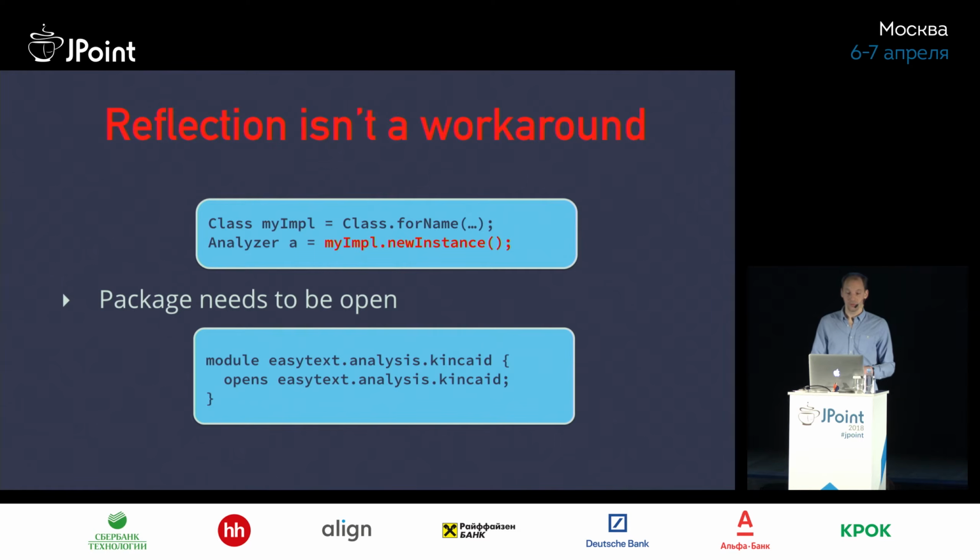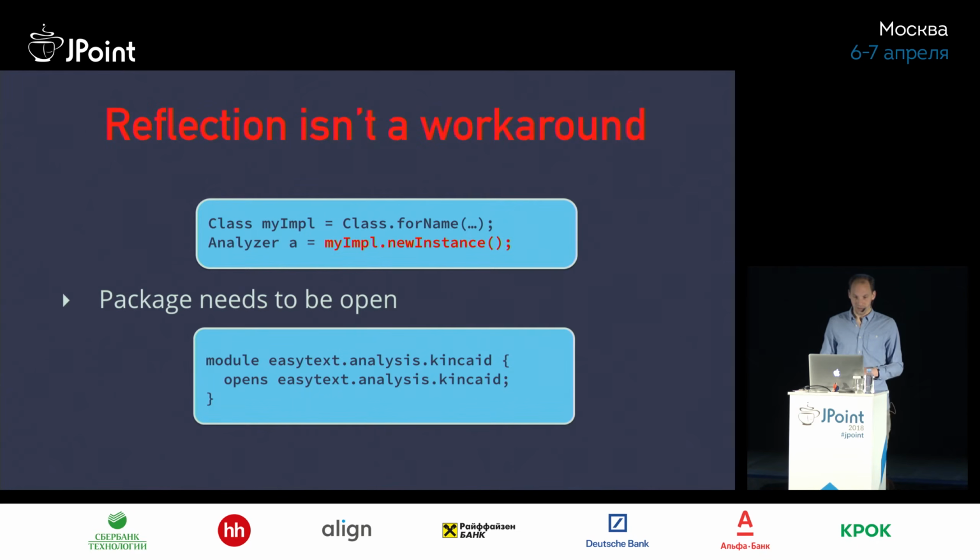And what will happen at runtime is that when using Class.forName, a readability relation or a requires relation will be established automatically because of the use of reflection. But at the same time, you still need to know the name of the class to instantiate it this way. And it still needs to be in an open package, which is, okay, better than being in an exported package, but it's still not really a solution.